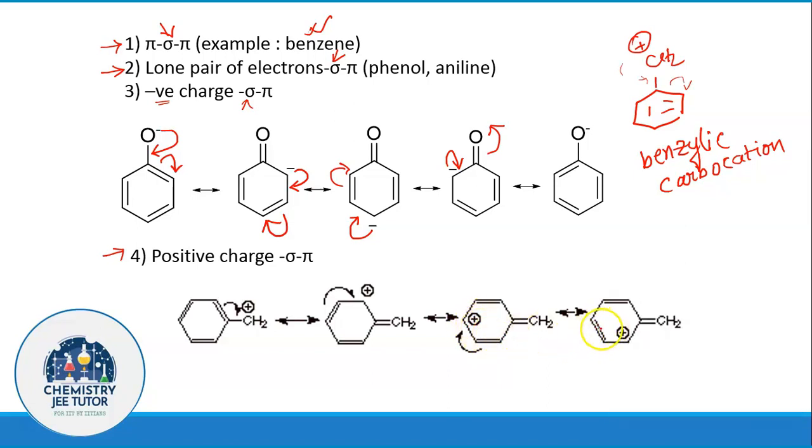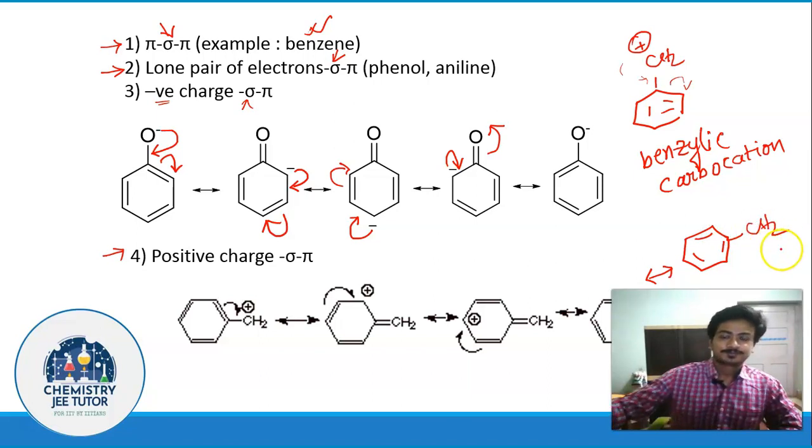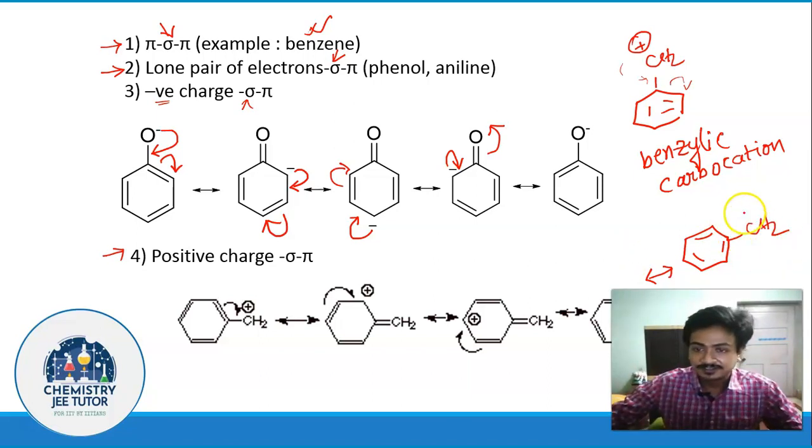In the fourth one, you are going to get something like this, where this has shifted along with its pi electrons, so you get a positive charge over here. Here we haven't shown the last resonating structure, that is something like this. Okay, I believe this is clear to you.